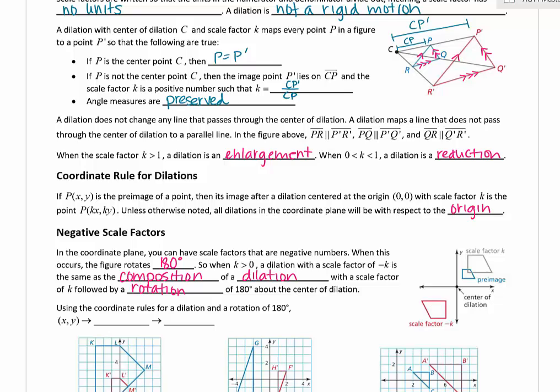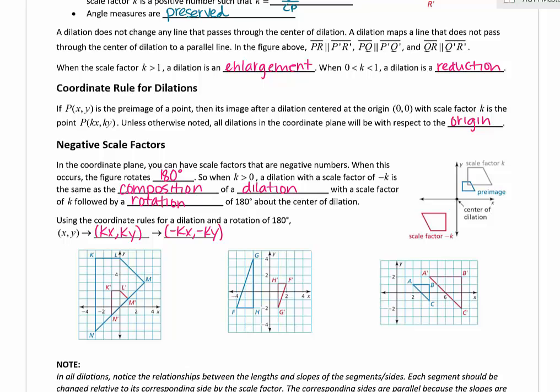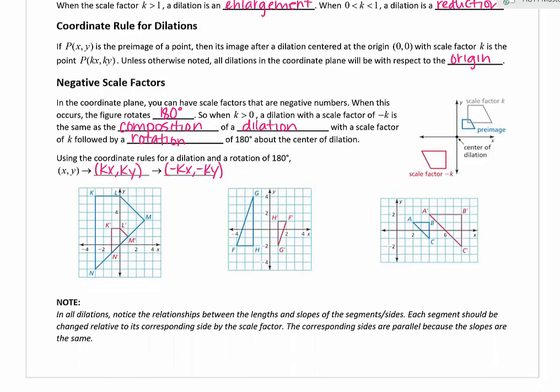Using the coordinate rules for a dilation and rotation of 180, the point (x, y) gets moved to (kx, ky) because that's the dilation, either getting bigger or smaller, and then they both become negative because it rotates 180 degrees. If you wanted to play around with this, you could see which of these has a negative rotation, which has a positive rotation, and whether the dilation is an enlargement or a reduction.